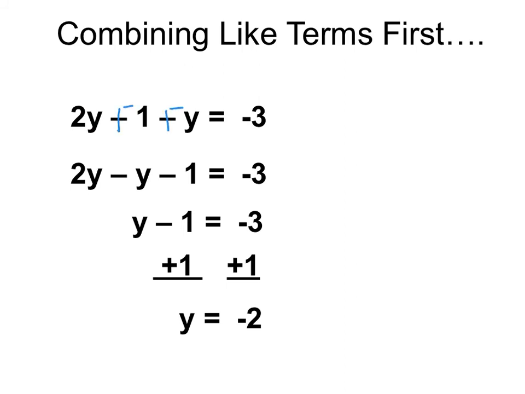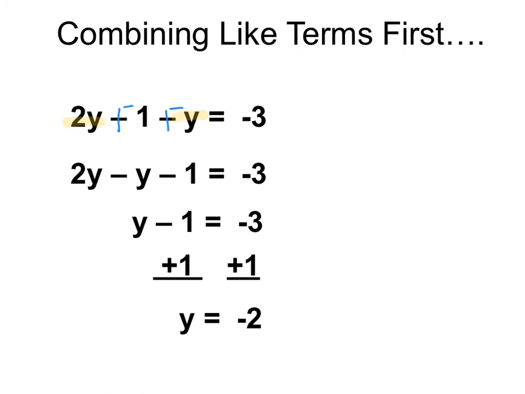So I know from combining like terms that I can add my 2y and my negative y together and make it one term. So I rewrote it in this second step, and I have 2y minus 1 equals negative 3.